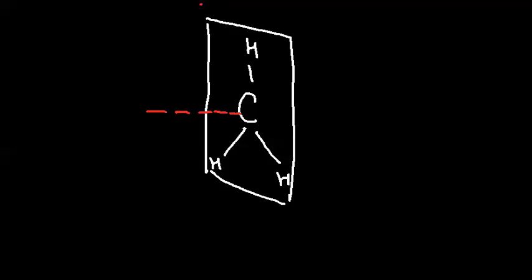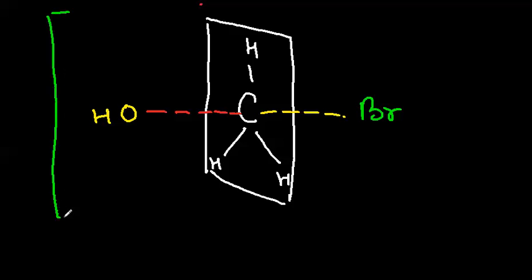Now here we have this OH approaching, and the Br is still there. So the bromine has not yet left, and this is what they call the transition state, or we can say it is an unstable intermediate.